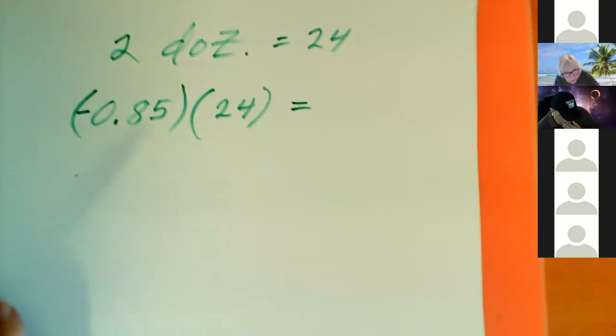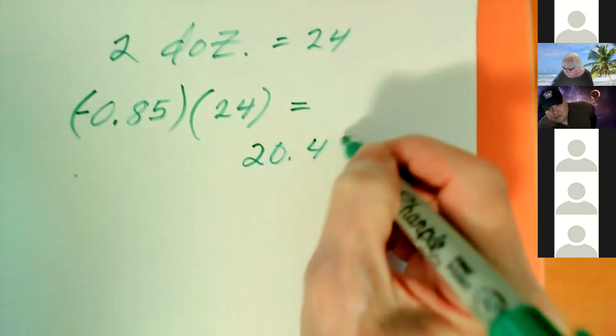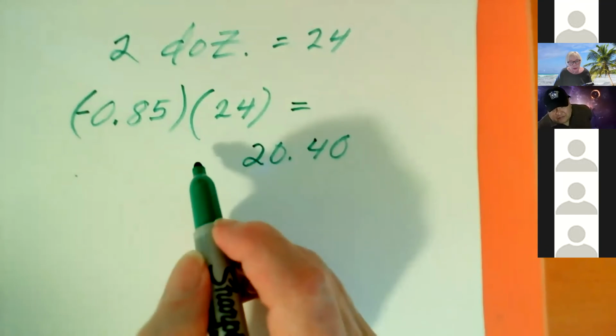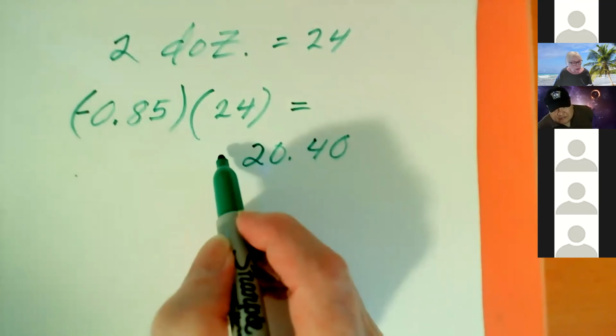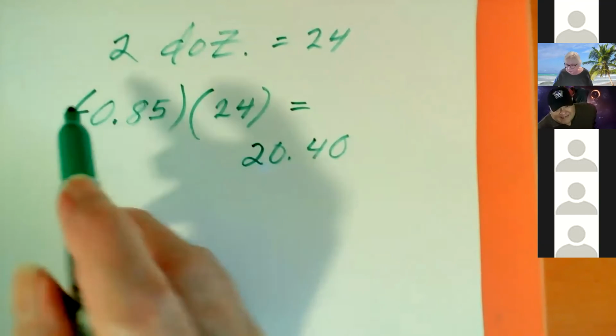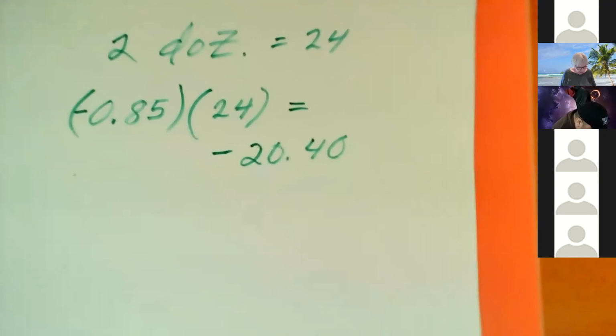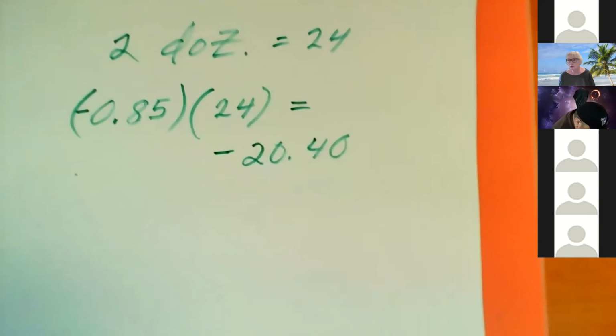You multiply that out, and I'm just gonna pull up my calculator. 20.40. But what kind of sign do we have? It's dollars, but it's basically gonna be a debit. They're subtracting it out of your account. They're not paying you to buy donuts.